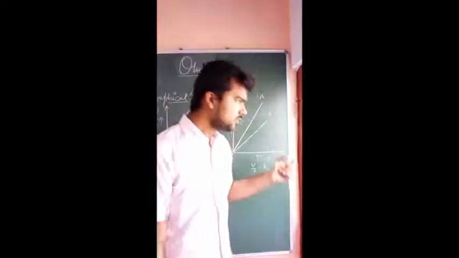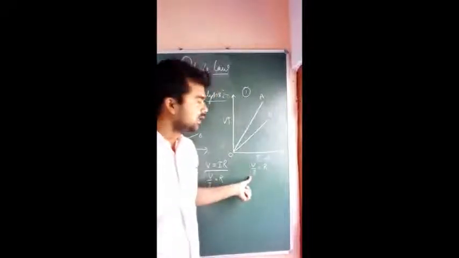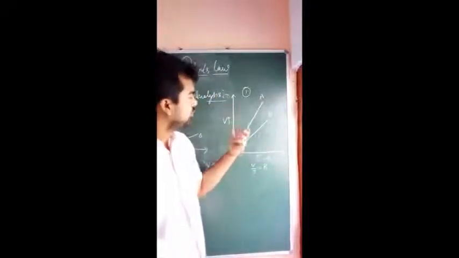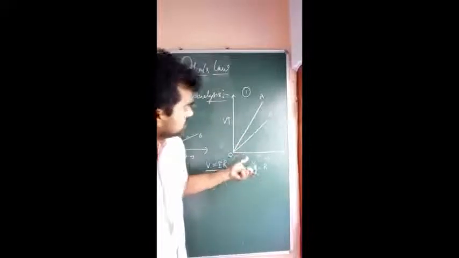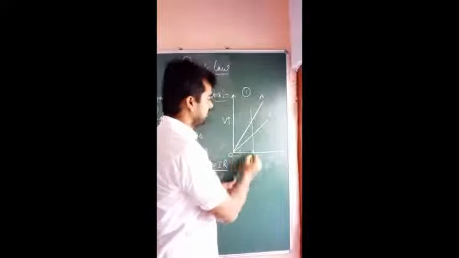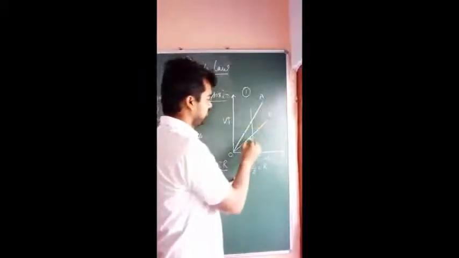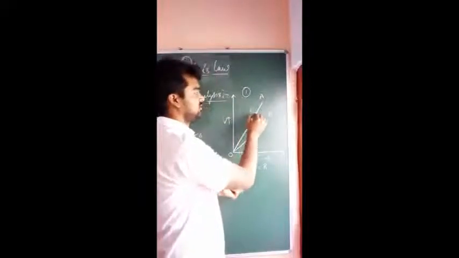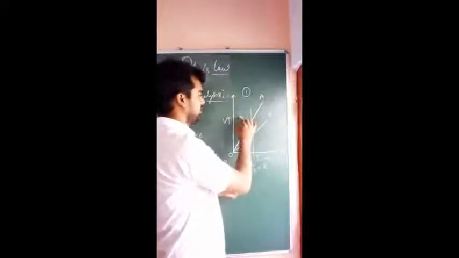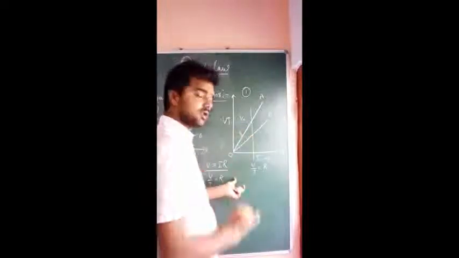Which one will have a greater resistance? It will be the one with a greater V over I ratio on this side. Who will have a V over I ratio in a larger amount? If you see, for a constant current I, look at the voltage in the graph. This voltage we are going to call VA, and that voltage we are going to call VB.